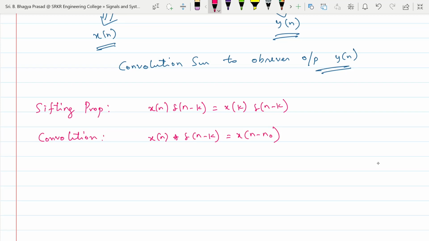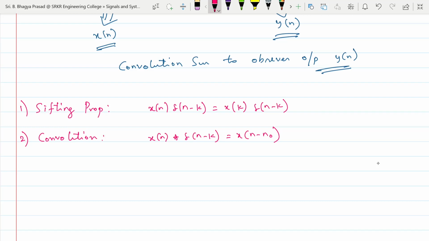These are the properties of the unit impulse function. One is the shifting property and another one is the convolution property. So both are different.